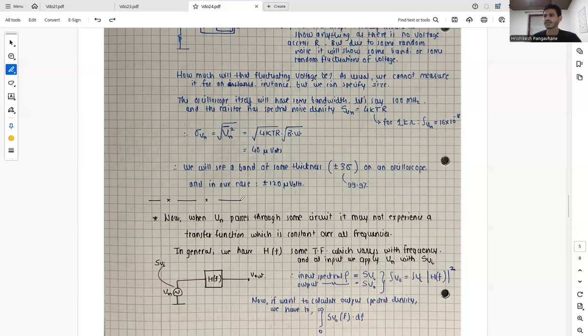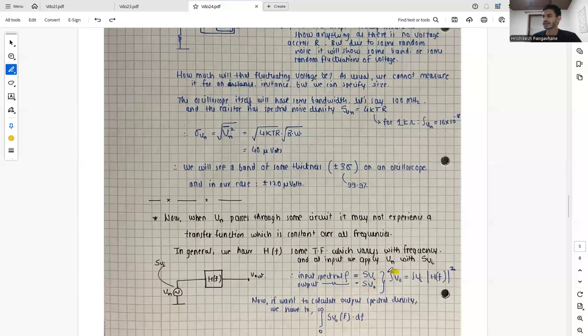So in general, we have a transfer function H(f), which varies with frequency. At input, we apply Vn, which has S_VI. So let's say S_V of input, and at the output we have V out. So we have at the output S_VO, and let's say the input spectral density is S_VI and the output spectral density is S_V naught.